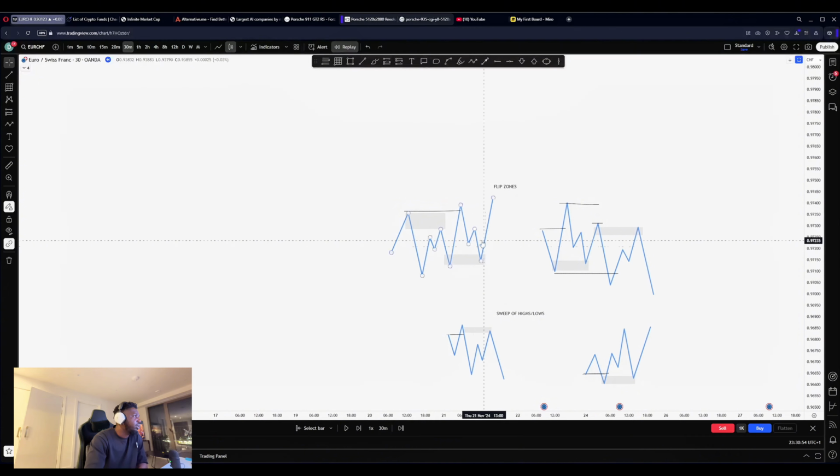So there must be liquidity. There must be liquidity in every flip zone you take. It has to be a valid order block, supply or demand, that gave a reaction and failed. So it must have liquidity, which I've also drawn here.